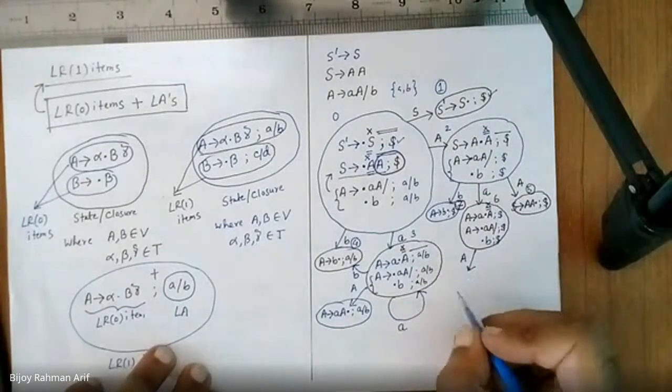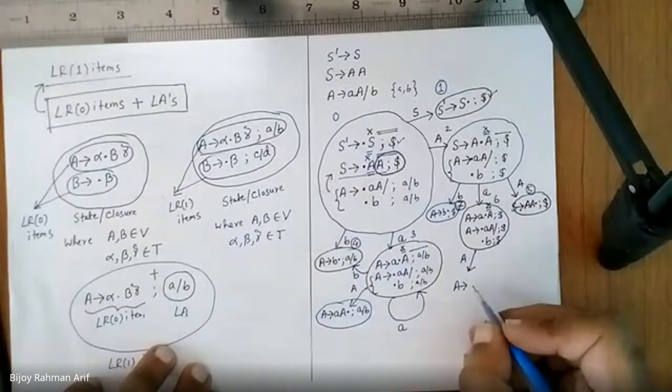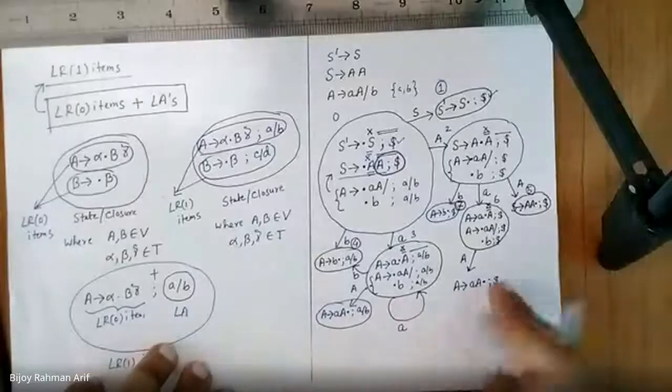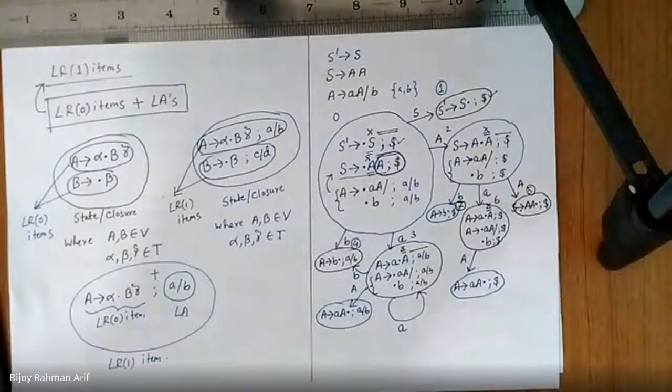What do I get? A derives small a, capital A, closure. Then what would be the look ahead? Dollar. So it is different, so we have to create a new state. All right.